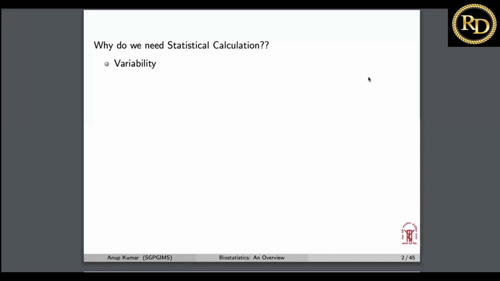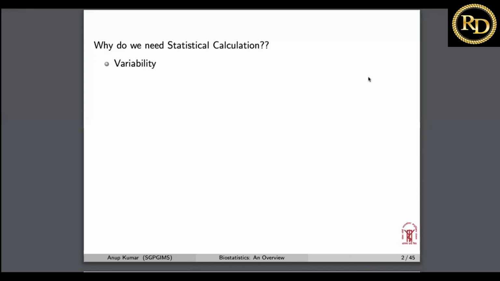Whether this variation is because of the duration of the pregnancy, or because of the background characteristics of the female. There are lots of factors because of which this variation is there. So as a researcher, we do statistical calculation to understand the variability in the data. Let me make a statement: variability is the mother of statistics.